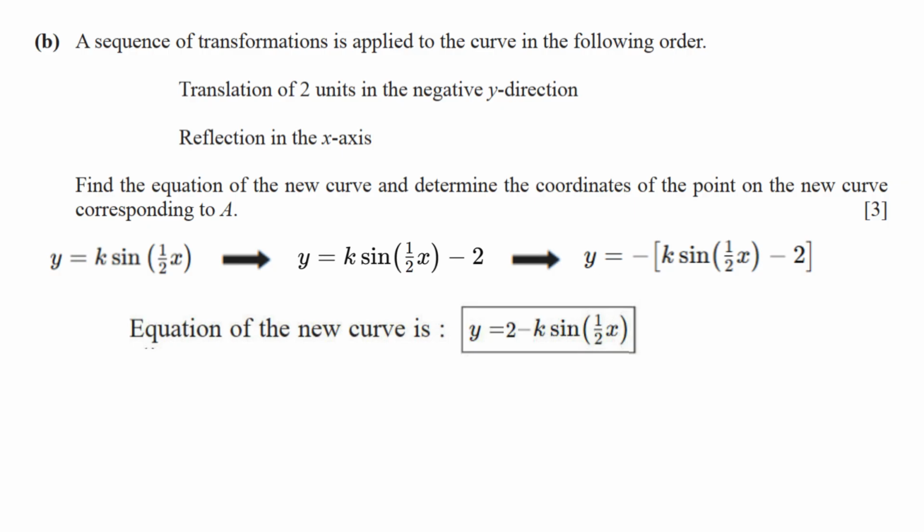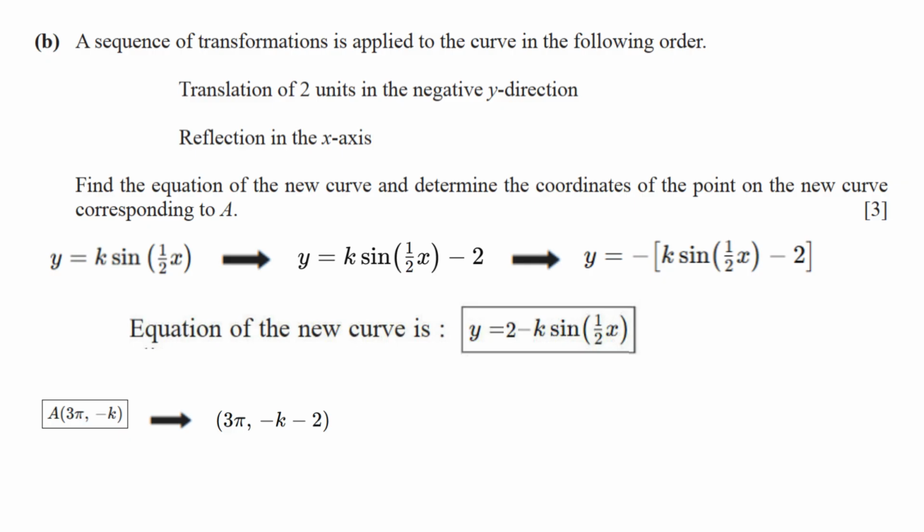This is the equation of the new curve after applying the transformations. Next, let's find the coordinates of point A in the new curve. The initial value of A in the original curve is 3 pi comma negative k. After applying the first transformation, that is translation of 2 units in the negative y direction, only the y value changes. So 3 pi comma minus k will become 3 pi comma minus k minus 2.